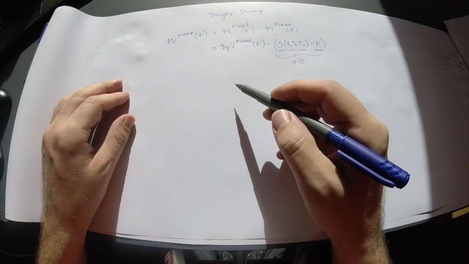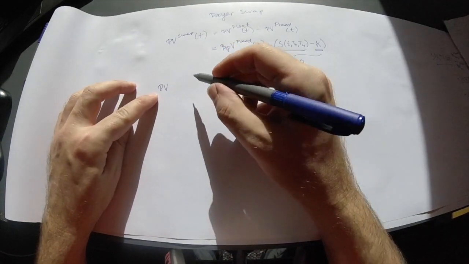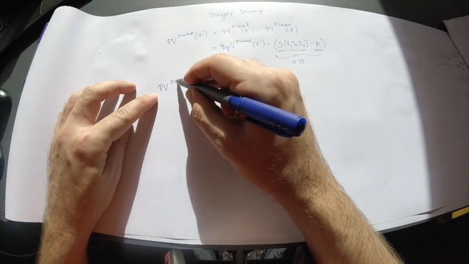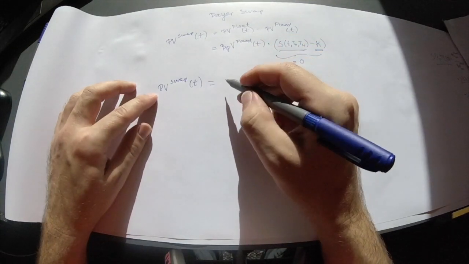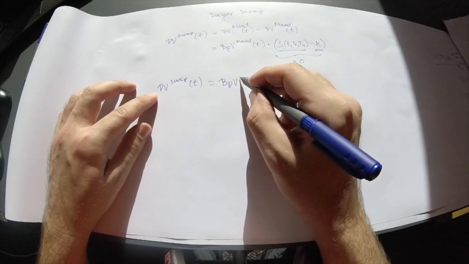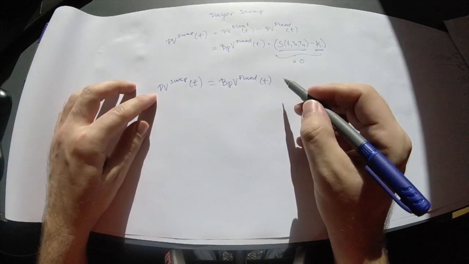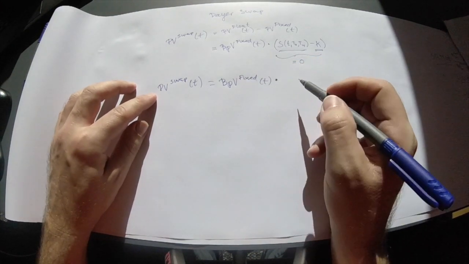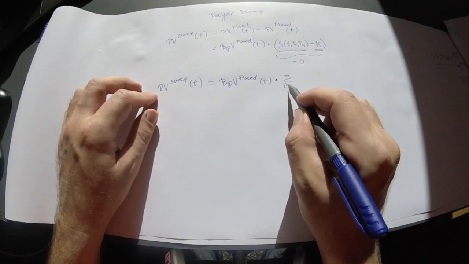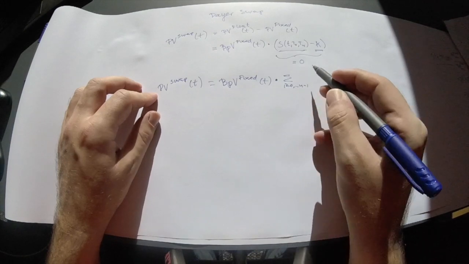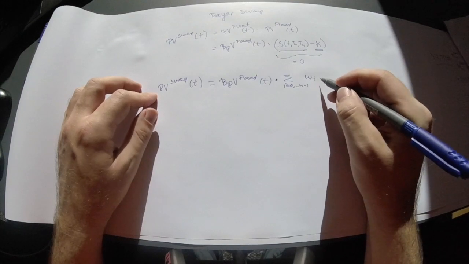Another way to look at the swap could be to utilize the definition of the floating leg. So we could also think of the swap value in the following terms. We could still take the basis point value of the fixed leg at t, and then we could remember that the swap rate was in essence a weighted sum with a specific set of weights of all the forward LIBORs.